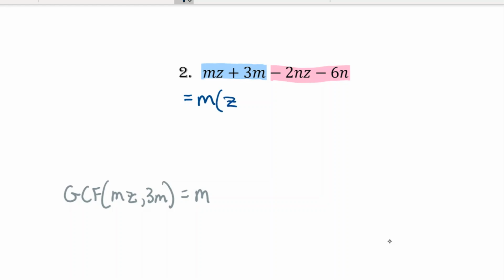Well, M times Z. And M times what gives me 3M? So a 3 here. The next one. So we're going to look at the GCF of 2NZ and the 6N. In this one, there's actually a 2 that's a common factor in both, and an N.